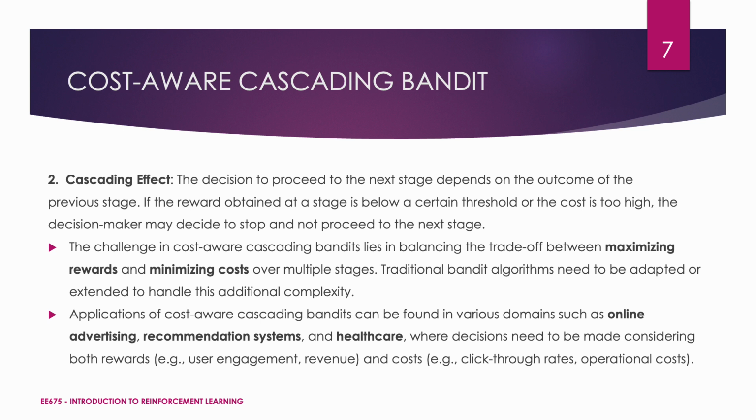Balancing rewards and costs across multiple stages presents a significant challenge, requiring adaptations of traditional bandit algorithms. Now, additionally, the applications of cost aware cascading bandits span various domains, including online advertising, recommendation systems, and healthcare, which highlights the importance of considering both rewards and costs in our decision making processes.